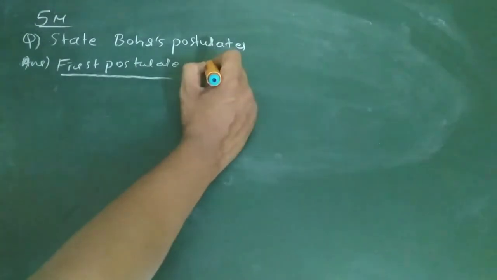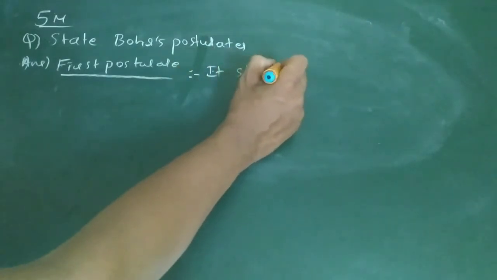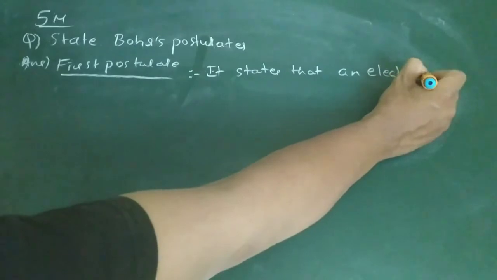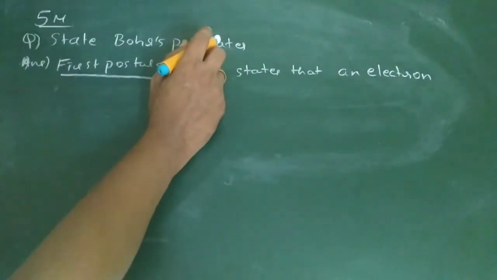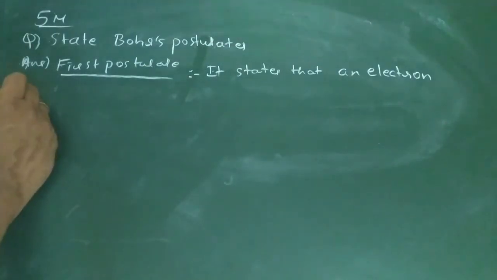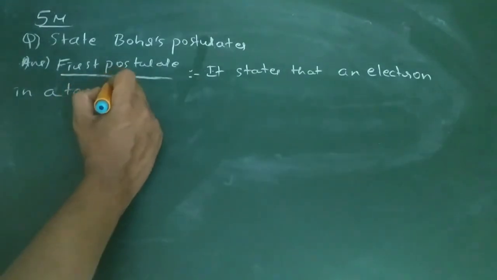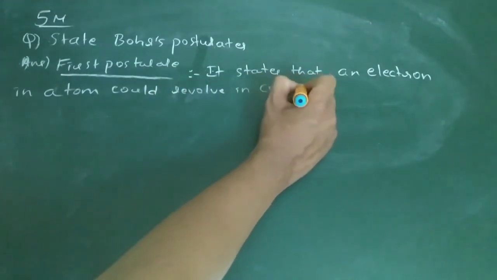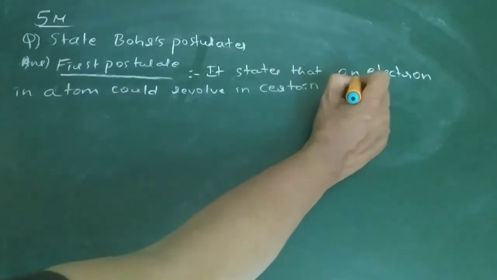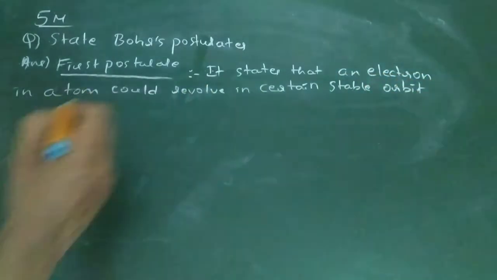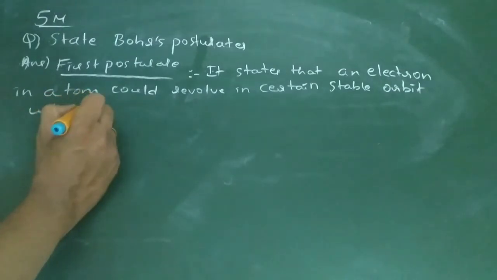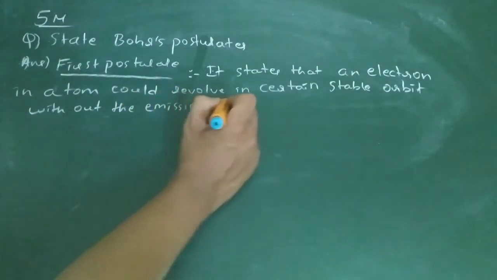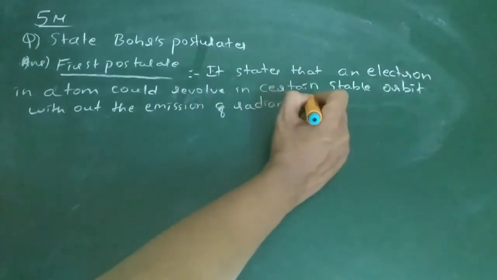He said that it states that an electron in an atom could revolve in certain stable orbits without the emission of radiant energy. This is one important postulate.